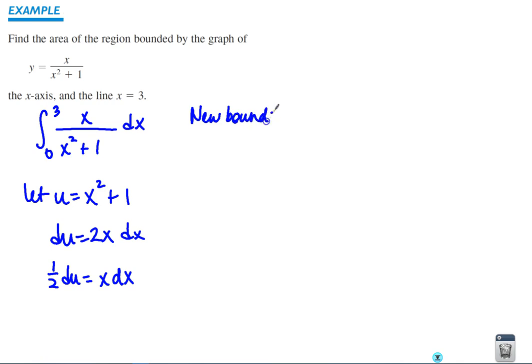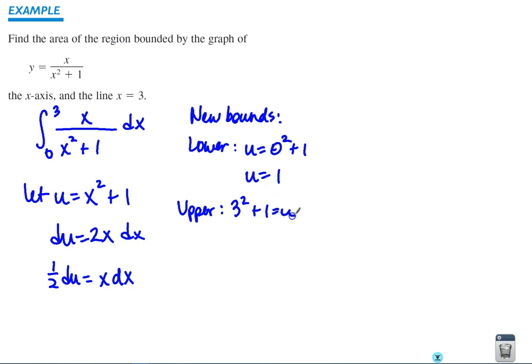My original lower bound was 0, but now u is equal to x squared plus 1, so u is 0 squared plus 1, so u is equal to 1 for my new lower bound. Then my upper bound: u is equal to 3 squared, which is 9, plus 1, so 10.